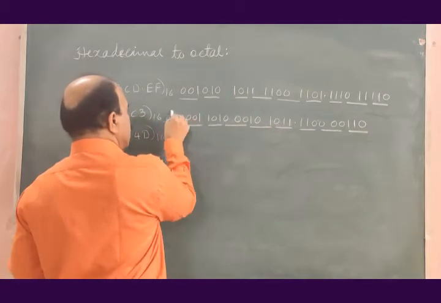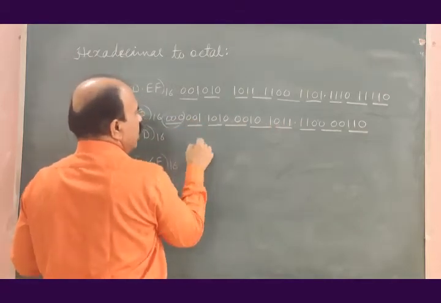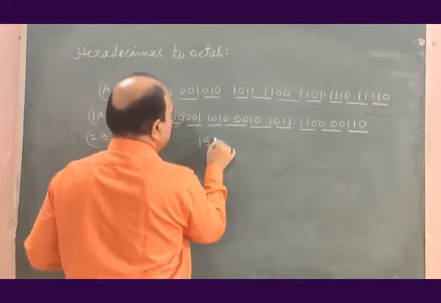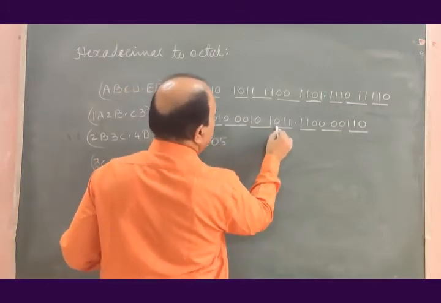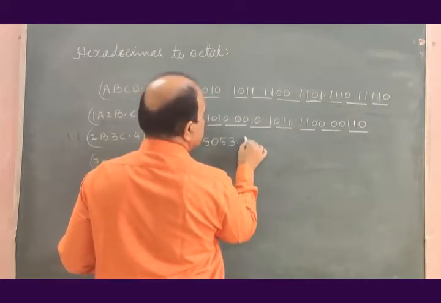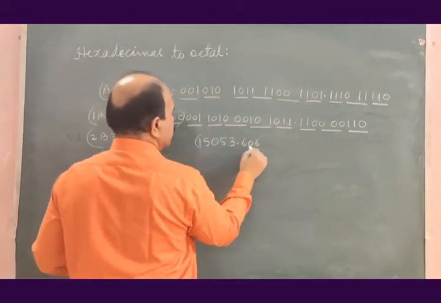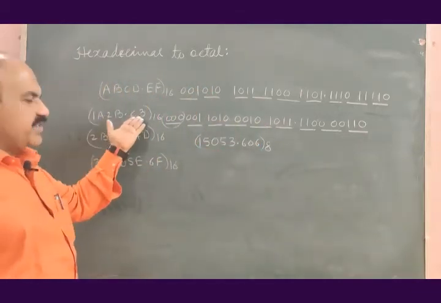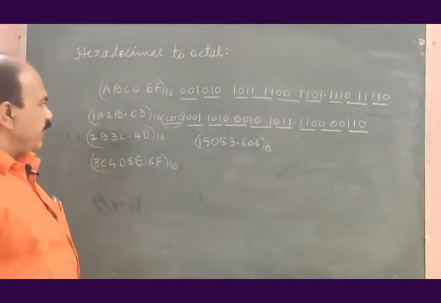This 0 has no meaning, so just ignore it. The octal digits are 1, 5, 0, 5, 3, octal point, 6, 0, 6. So this hex number in octal is this number.